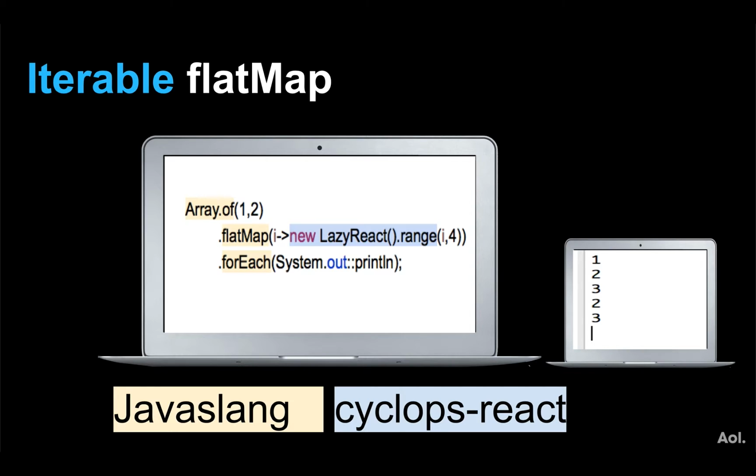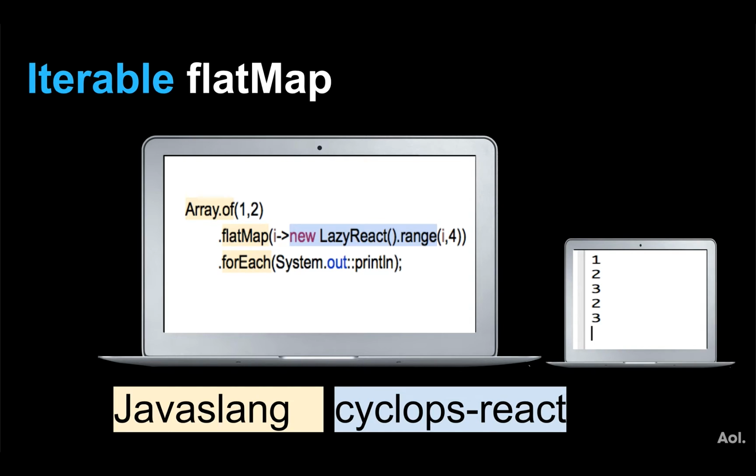So just like in Pivot Reactor, where the flat map operator can accept as a return value to the function provided any type that implements reactive stream publisher, within Javaslang, flat map will accept as a return type anything that implements iterable. In your library, if you have your types implement iterable where appropriate, they can just plug right into Javaslang.